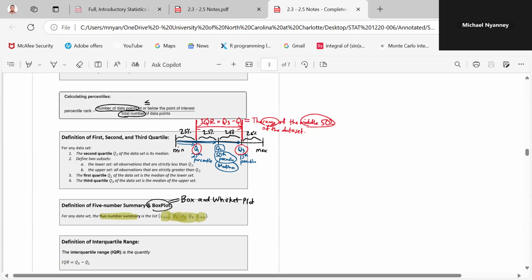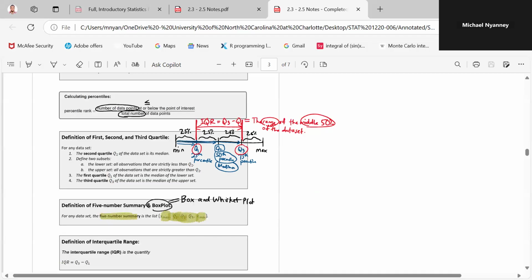So Q1 is the median of your lower set, and Q3 will be the median of the upper set of your data set. And we associate these with some percentiles. Q1 is the 25th percentile, Q2 is the 50th percentile, Q3 is the 75th percentile.